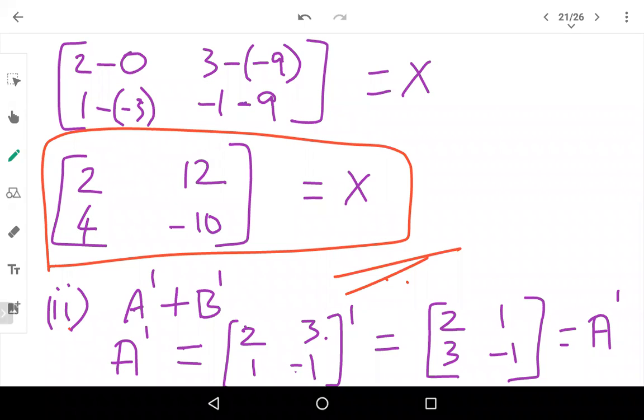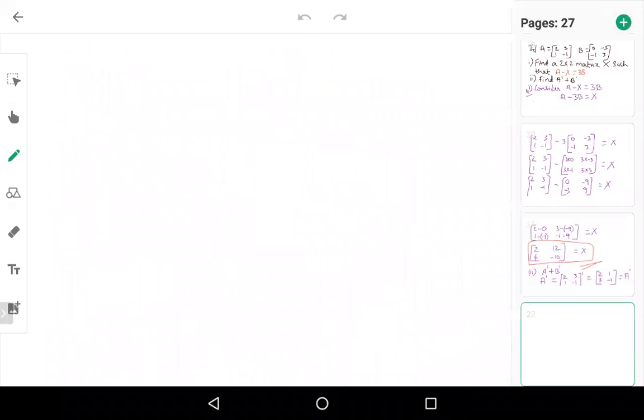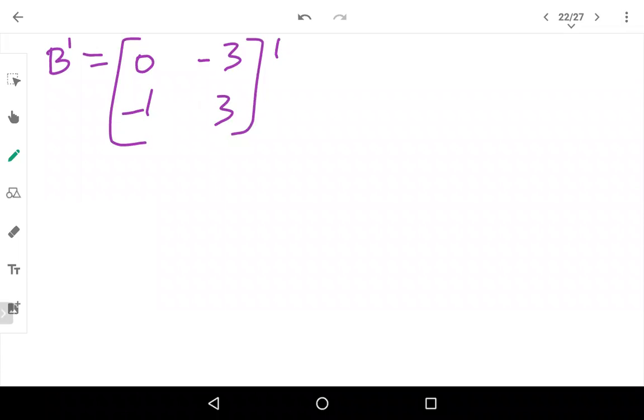We will also find the B transpose. B transpose is nothing but, what is the matrix of B? 0, minus 3, minus 1, 3 transpose. So B transpose is equal to, now the first column will become the first row: 0, minus 1.